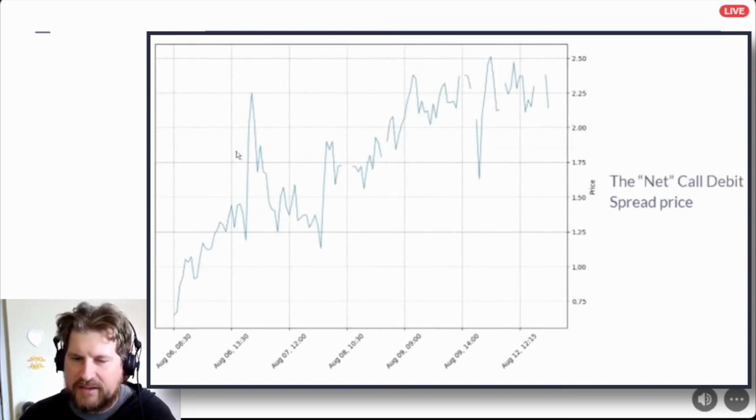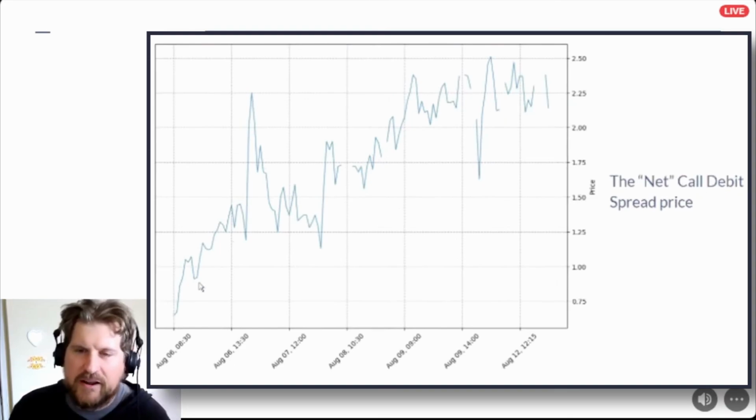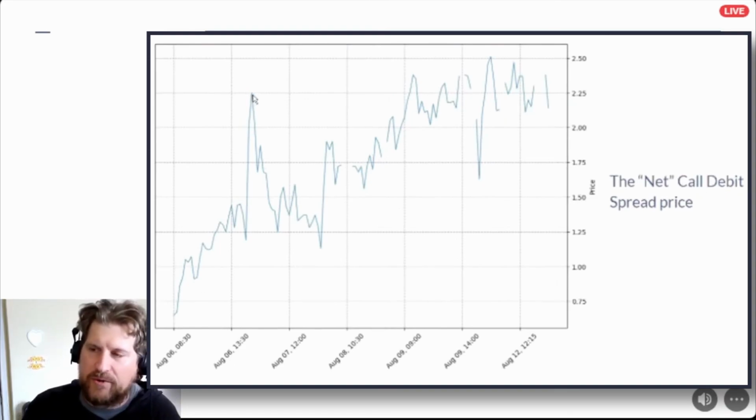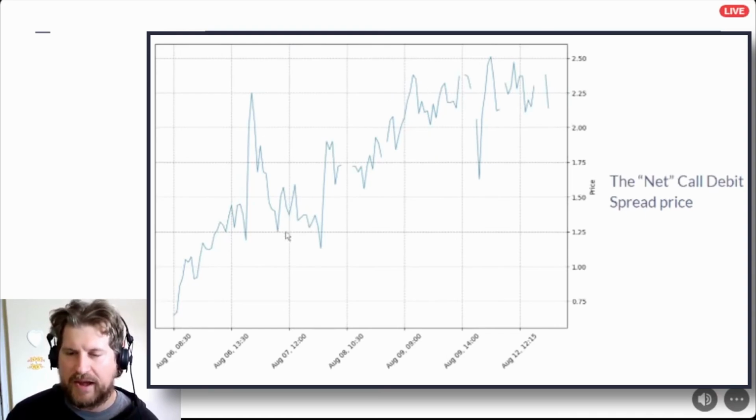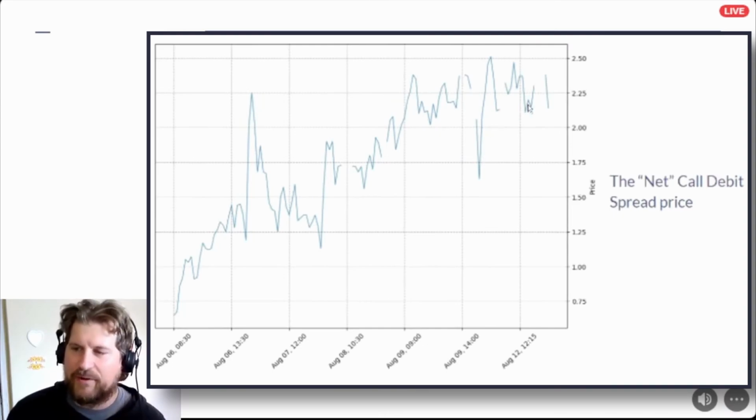The value of this, if we filled this trade somewhere around 85 cents, which is what I was talking about in the last presentation, we saw it go all the way up almost to $2.25, which is great. That's almost a 3x. And then it came all the way back down to maybe up by 50% or so.